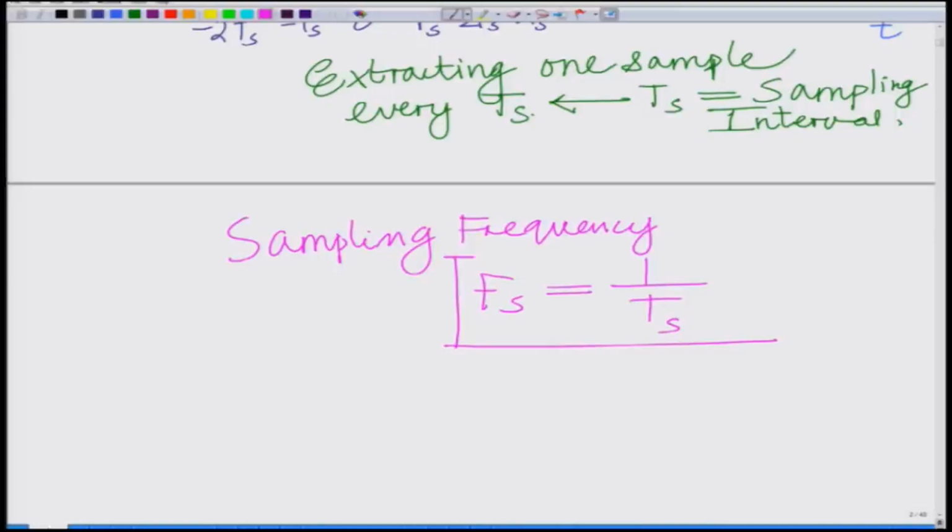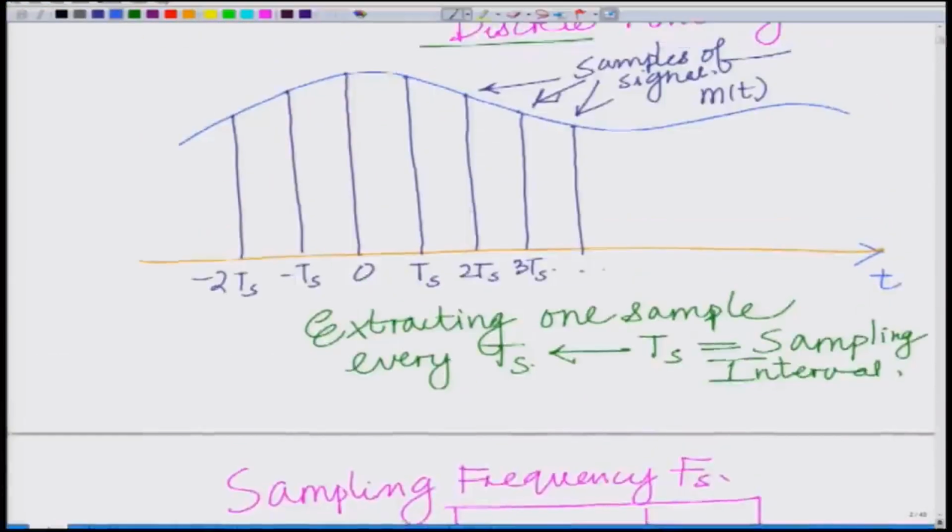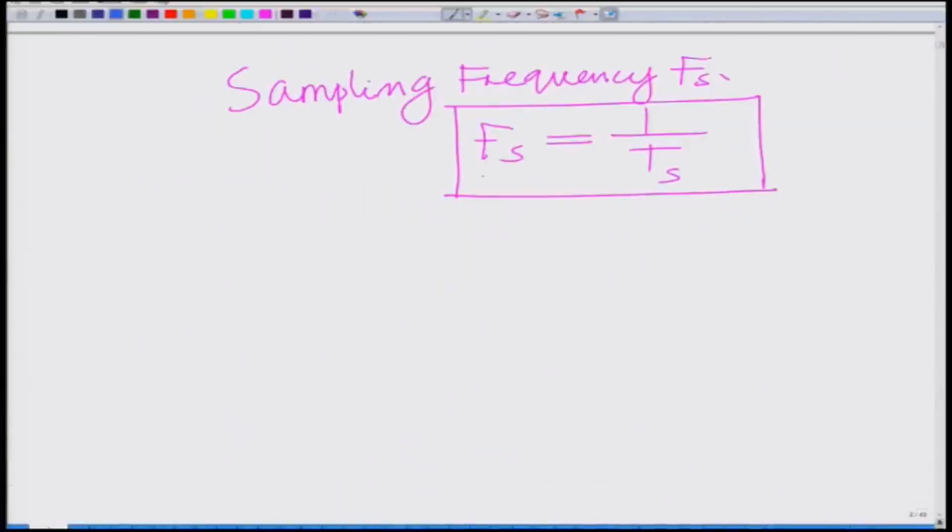The sampling interval is Ts, and therefore the sampling frequency Fs is 1 over the sampling interval Ts. You are extracting samples once every interval of duration Ts, so the sampling frequency is 1 over Ts, which is denoted by Fs.